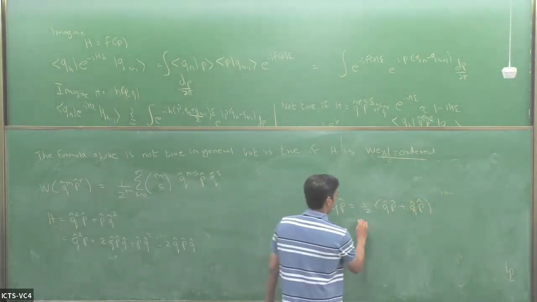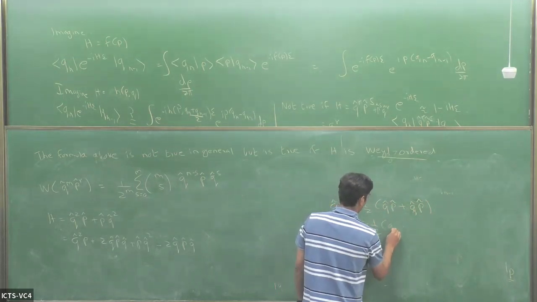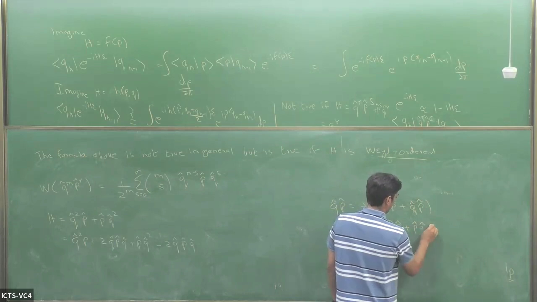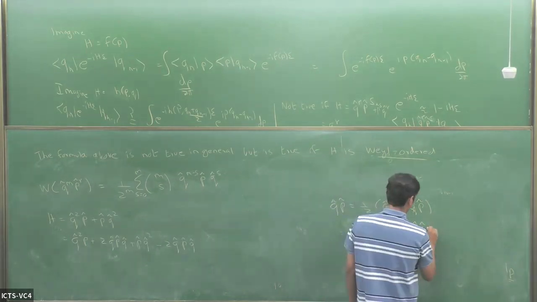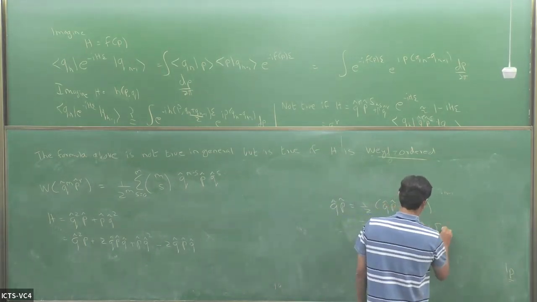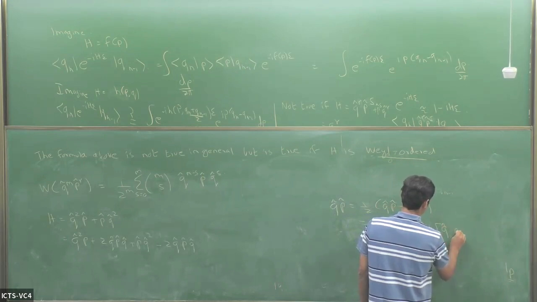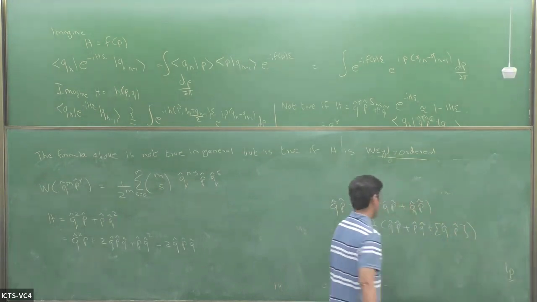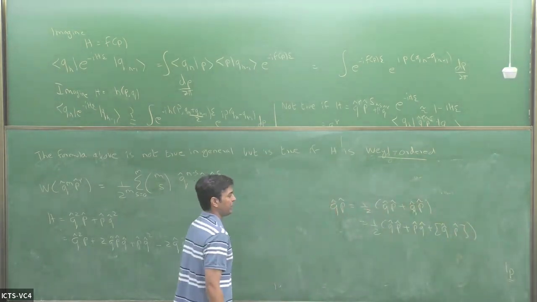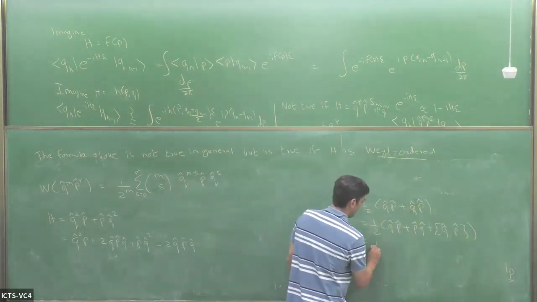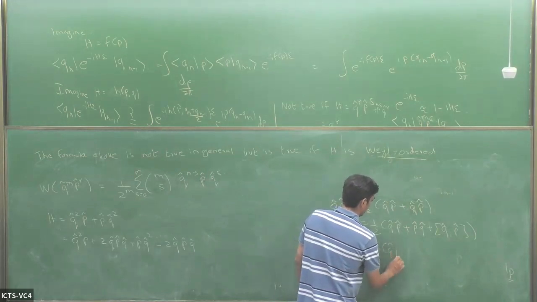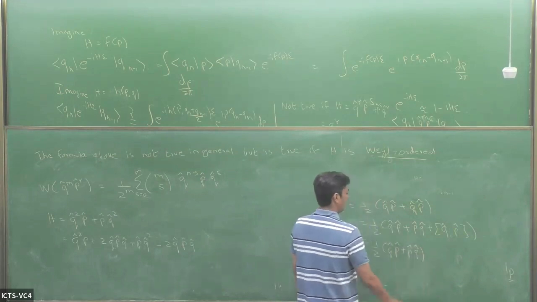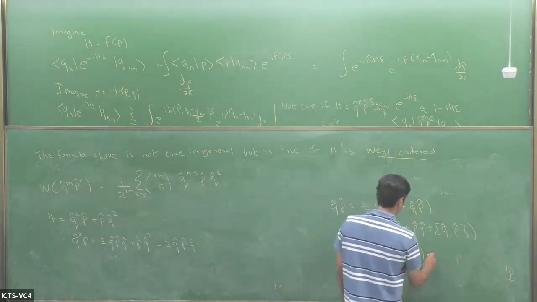Okay, and then you could write this as half of q hat p hat plus p hat q hat, plus a commutator of q hat with p hat. These are all just identities, and then you would have written this as half of q hat p hat plus p hat q hat, and then you would just have a plus i by 2.